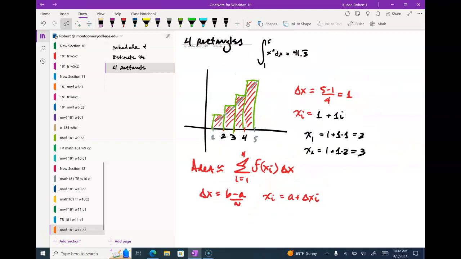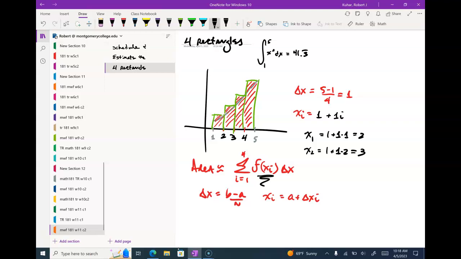So when you're first doing this, it's a good idea to write these things out instead of just thinking about them. Put it down on paper. What is each x sub i? Now, what does it say I have to do with each x sub i? I have to put it inside of the function. I take each right corner of the base of my rectangle and put it inside the function, and that's going to give me the height.